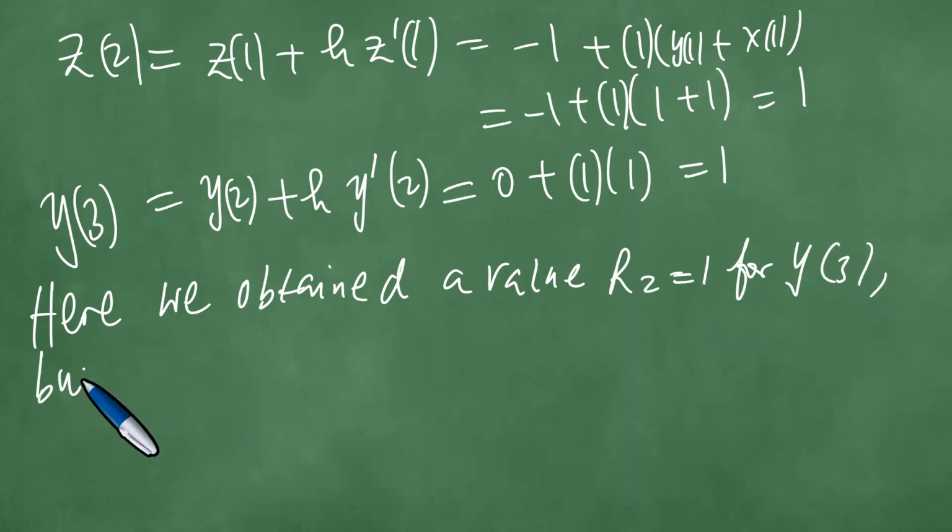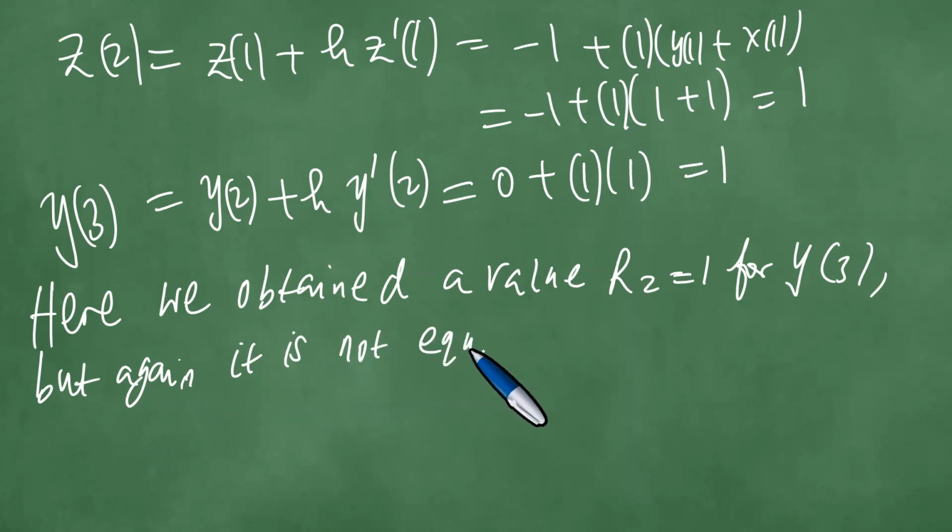But again, it is not equal to d, which equals 2. We want 2. Here we obtained the 1, which is again not equal to d equals 2.